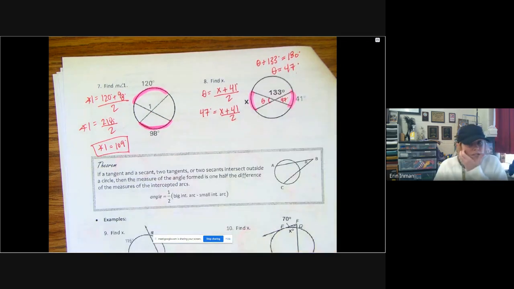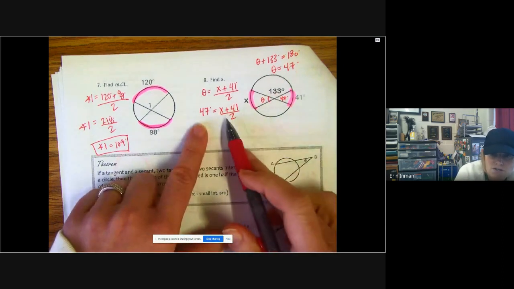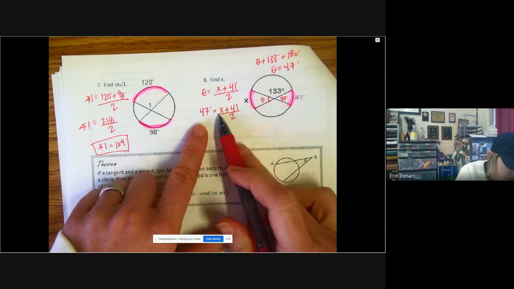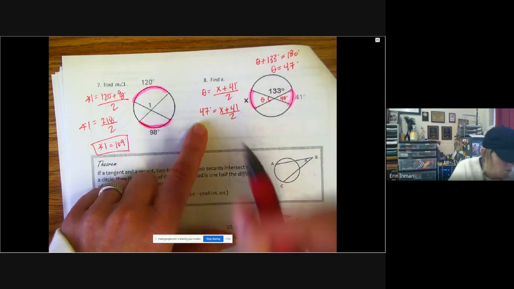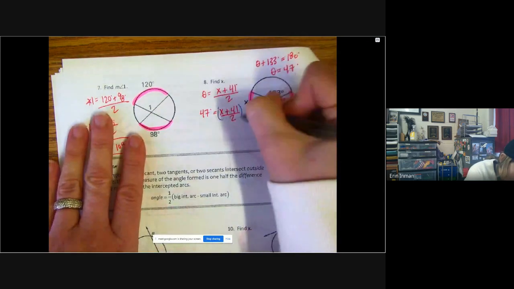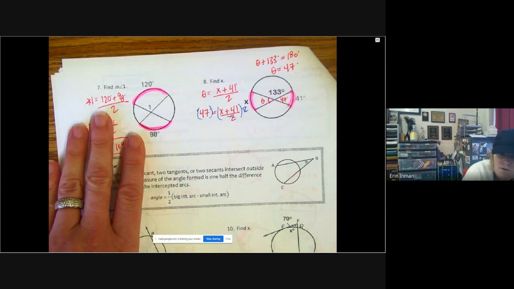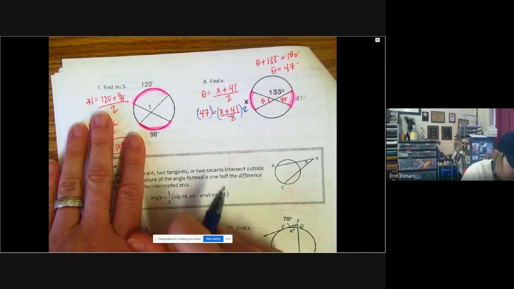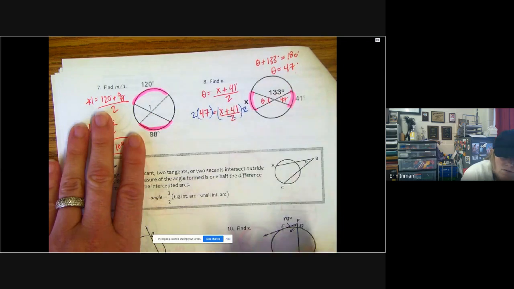And for some reason, these seem to be the most difficult for students because they're just not sure what to do with this fraction. I'm just trying to undo the division. So I'm going to multiply both sides by 2. When I multiply this side by 2, those 2's are going to simplify to just being 1. And whatever I do to one side, I have to do to the other side.